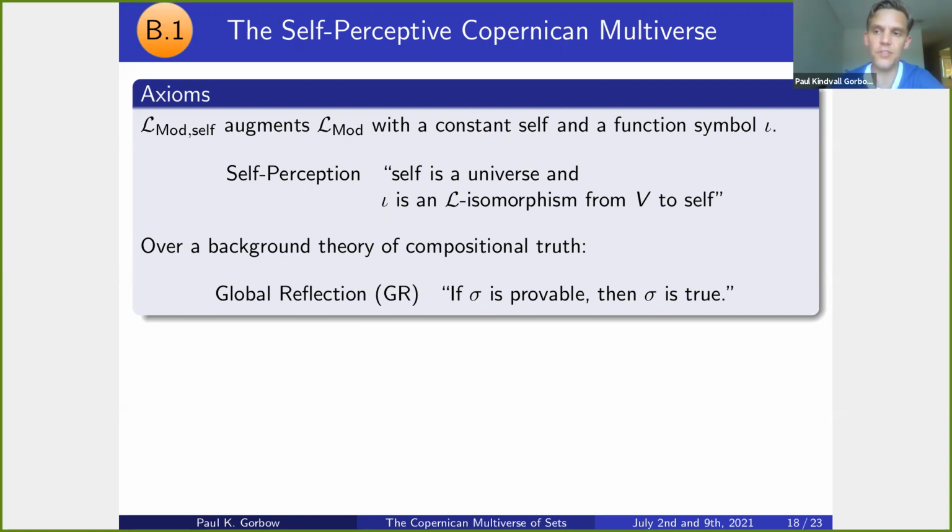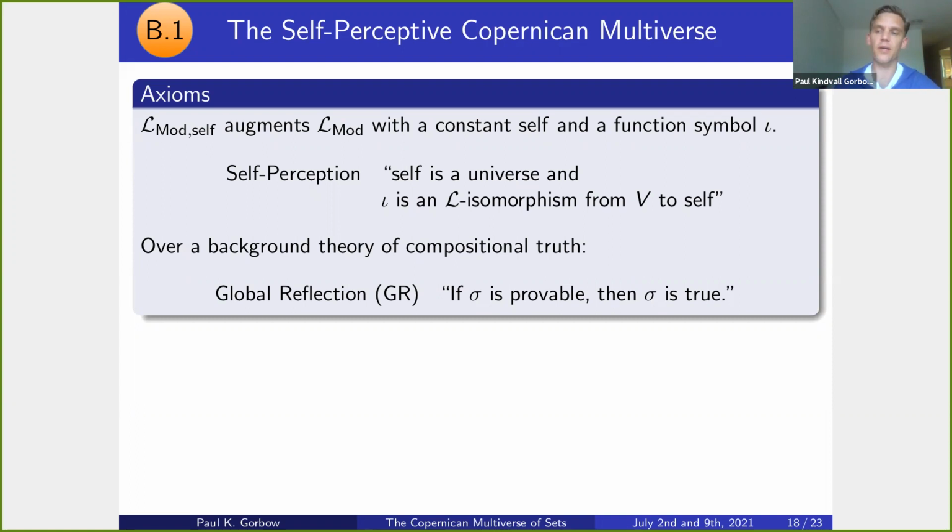We also have this necessitation rule, which we think of as the Copernican principle. This is saying that anything that's provable in the background theory should also be proved to hold in every universe, to make sure that the background universe is not special. And to those axioms and that rule of necessitation, we add this axiom of self-perception.